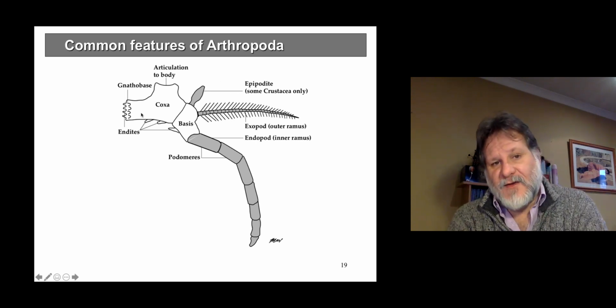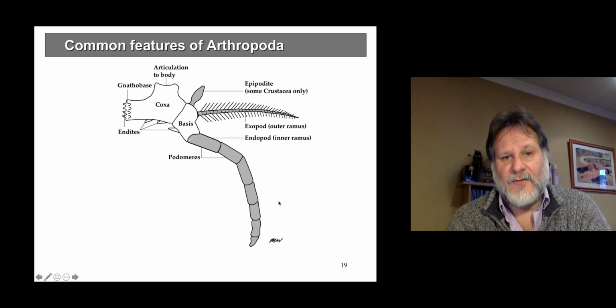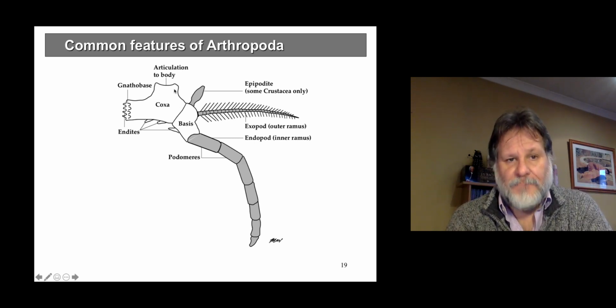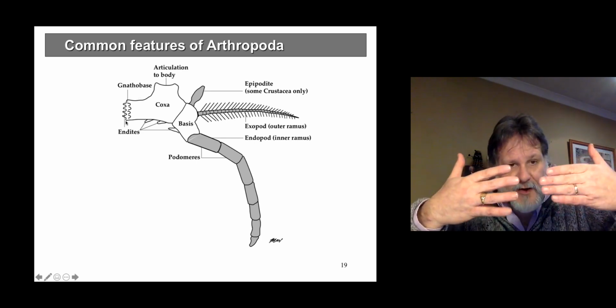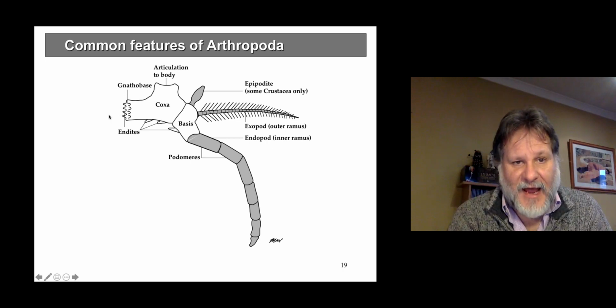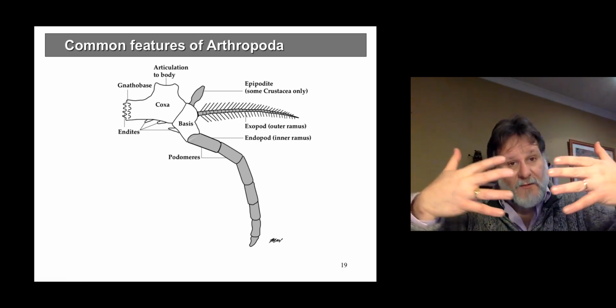The two basal joints of the limb are called the coxa and the basis. The basis is the bit that the other branches articulate with. The coxa joins the body, and it also, on the midventral line, has these structures called endites, chewing surfaces, that constitute the gnathobase.